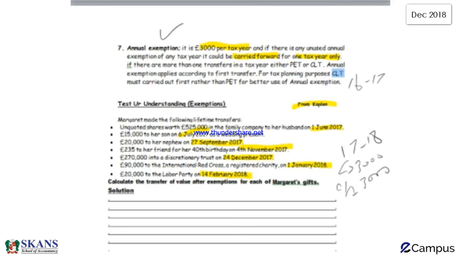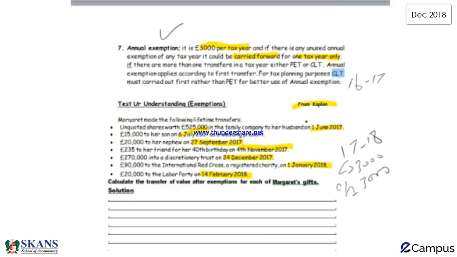So the first transfer which Margaret made was unquoted shares to her husband on 1st June 17. Now, this transfer will be an outright exempt transfer if her husband is a UK domiciled individual, which will definitely be given in your exam.